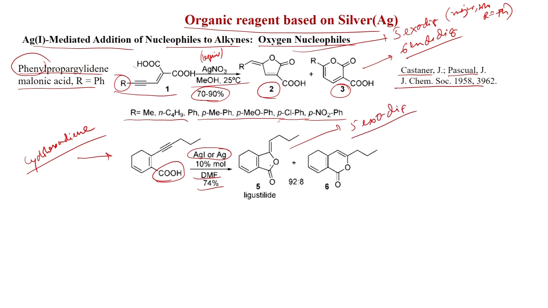The 5-membered ring is formed and this triple bond becomes a double bond, of course, and this is an important molecule, it is called lingzhiolide. You get this product in a 92:8 ratio. So, this product is 8%, this is 92%. This is formed by 6-endo-dig.